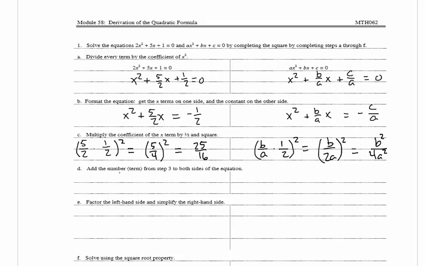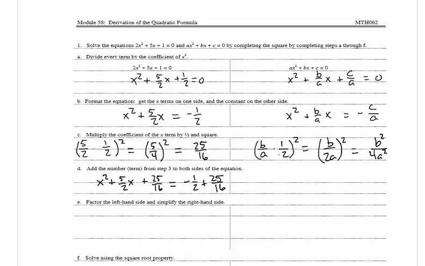And D, it says add the number or term from step 3 to both sides of the equation. So for the first equation, we're going to have x squared plus 5 halves x plus 25 over 16 is equal to negative 1 half plus 25 over 16.